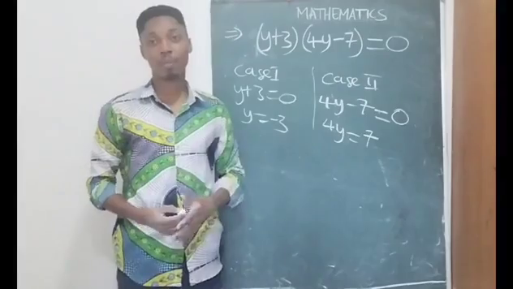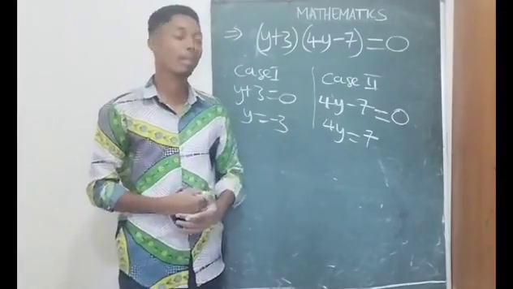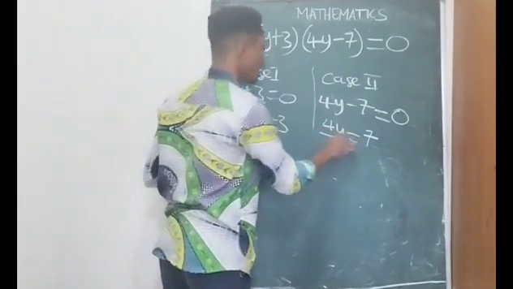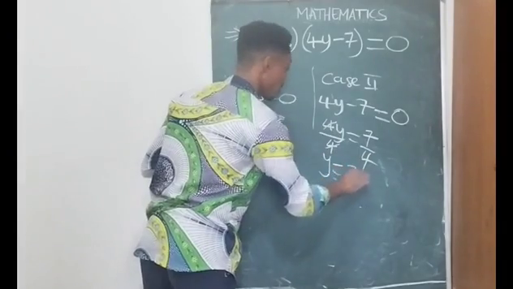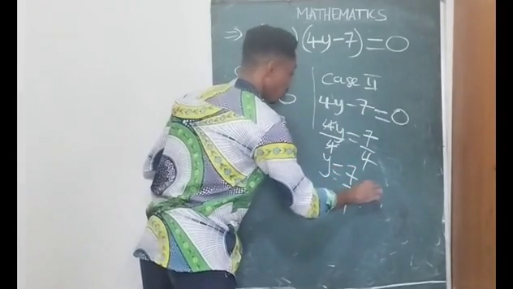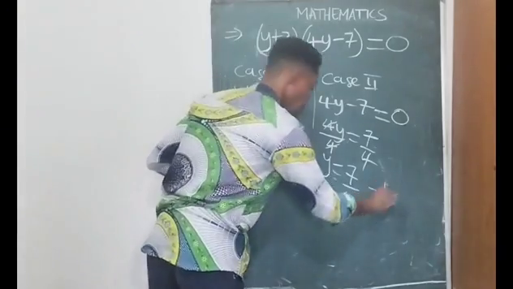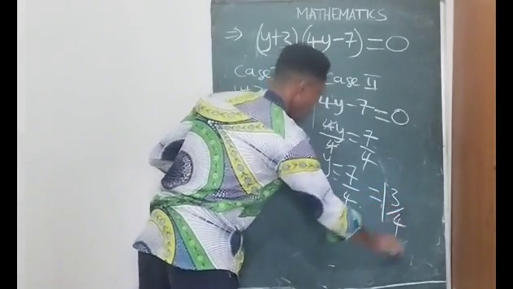That means 4y equals 0 plus 7, which is 7. We have not finished because y has not yet been made the subject of the formula. How do I do that? I divide both sides by 4, so y equals 7 over 4. And 7 over 4 is the same thing as one whole number, 3 over 4.